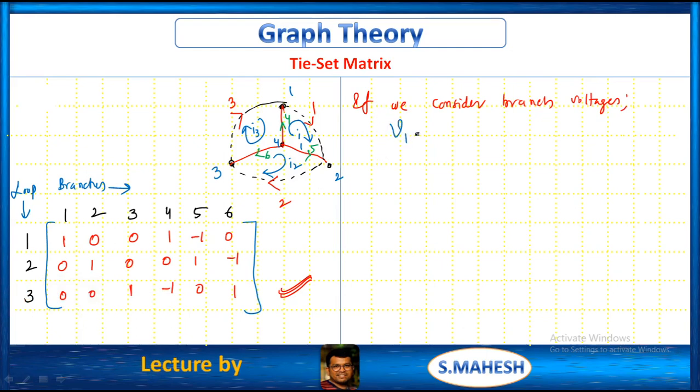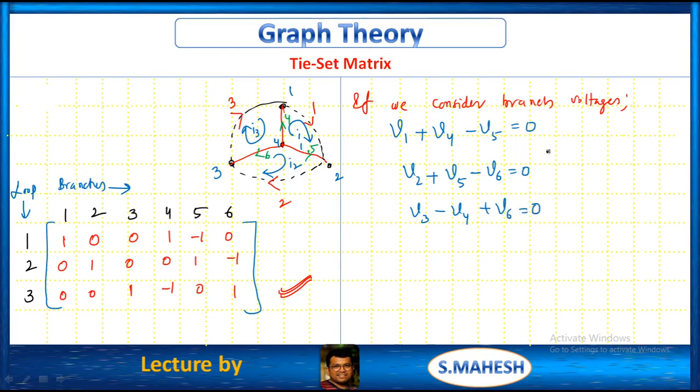Therefore, V1 plus V4 minus V5, which equals 0, right? Like that, V2 plus V5 minus V6, which equals 0. Like that, V3 minus V4 plus V6, which equals 0.